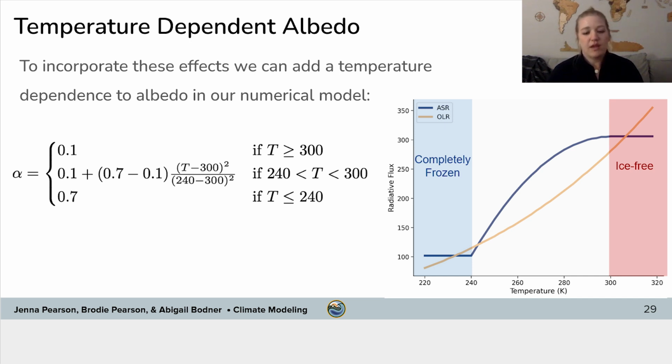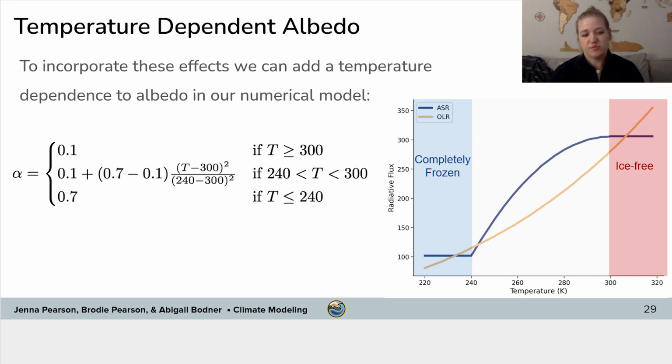Similarly, when Earth is warm, say above 300 Kelvin, like it could have been in the Eocene 55 million years ago, we assume that all the ice and snow have melted, and thus the albedo can decrease no further and is set at a constant value once more that reflects the very low albedo of an ice-free ocean and land.